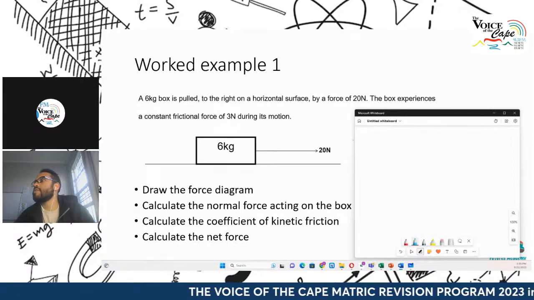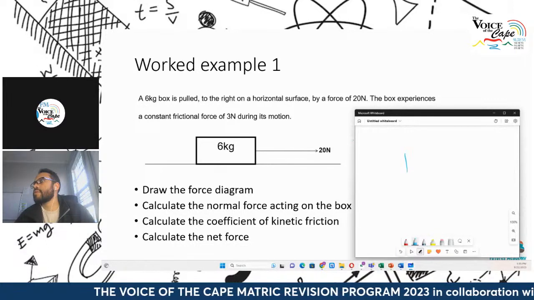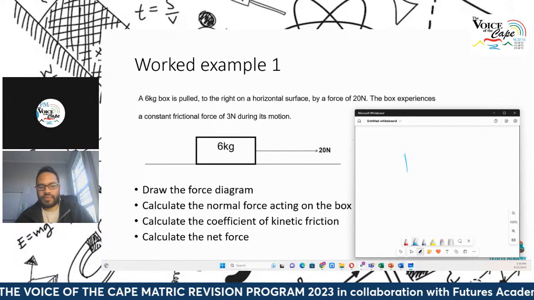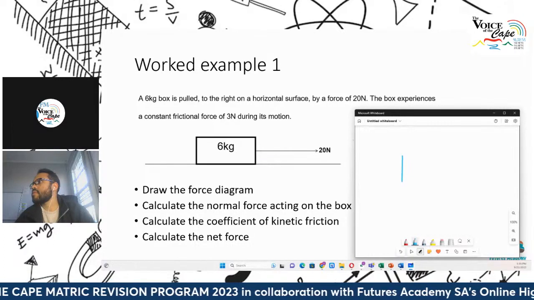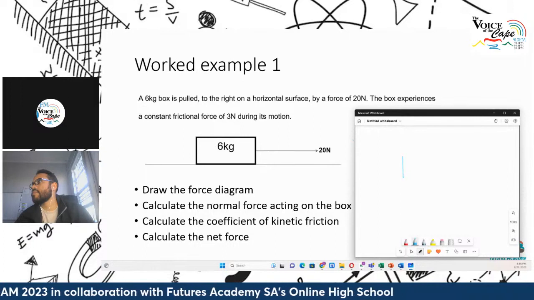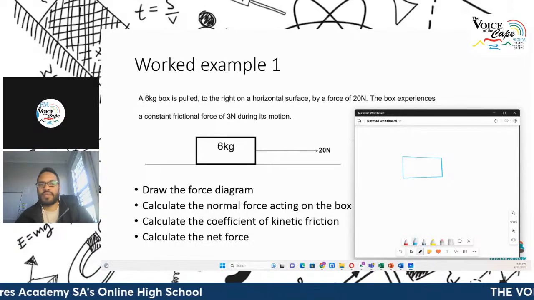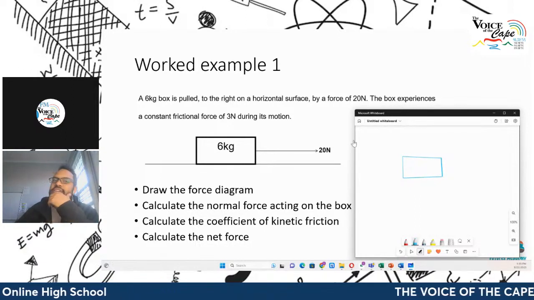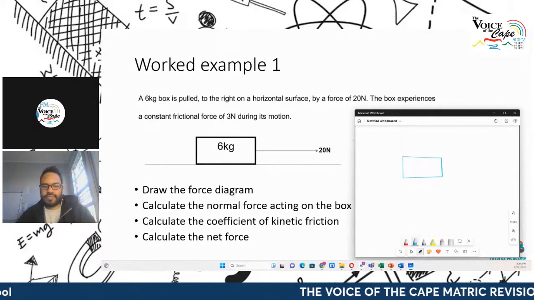Okay, so in the case of a force diagram, let's see what this is going to look like. Draw box. Okay, that's my attempt at a box.